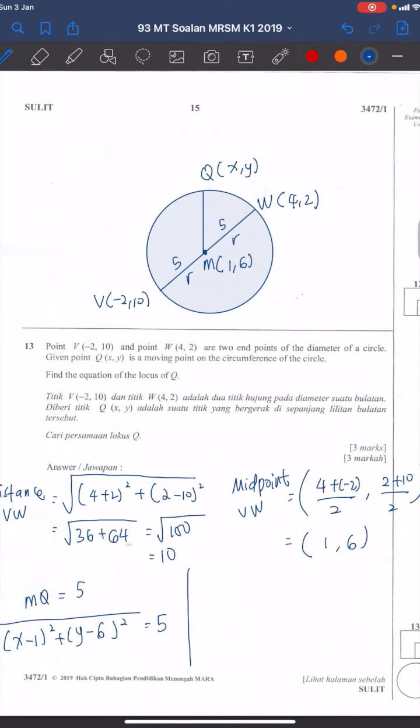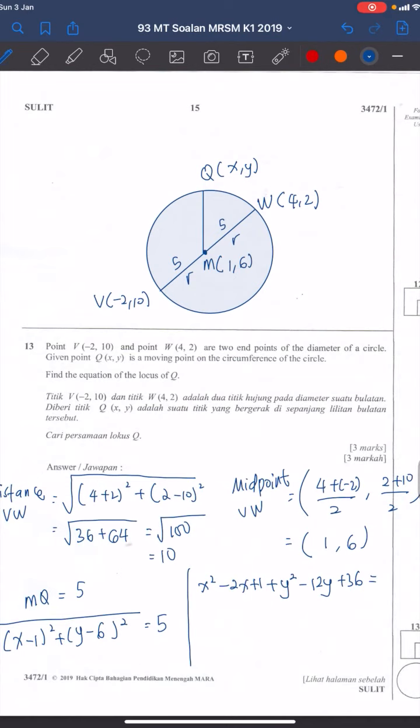Saya expand X minus 1 square, dia akan jadi X square minus 2X plus 1. Next Y minus 6 square expand akan jadi plus Y square minus 12Y plus 36 equals to square root both side. Okay, 5 square.